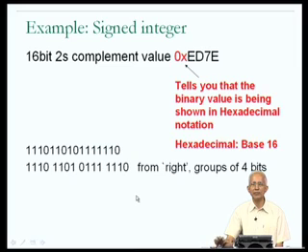But in general, a sequence of 4 bits could take on 16 different values, from 0, 0, 0, 0 to 0, 0, 0, 1 to 0, 0, 1, 0, all the way up to 1, 1, 1, 1. So there are 16 different values that a group of 4 bits could take on. And these are in fact the 16 possible values of the hexadecimal base 16 number system.